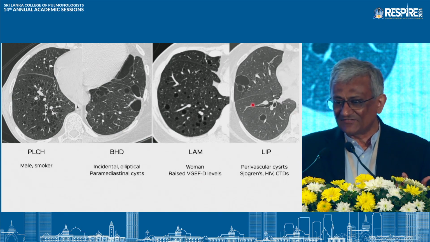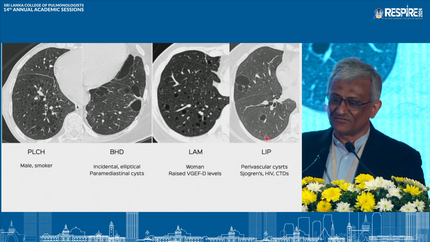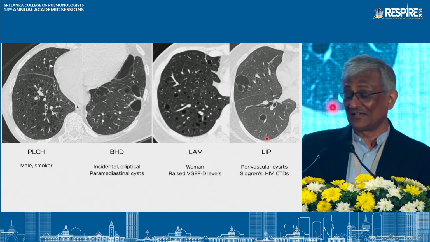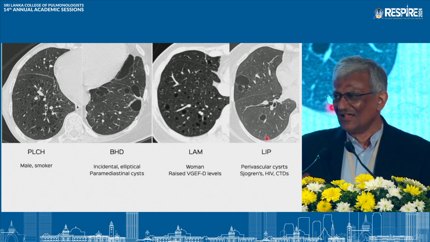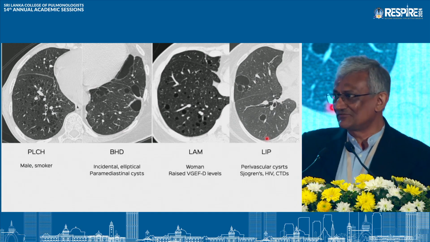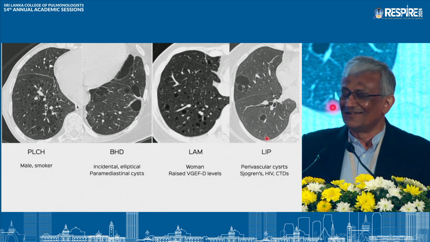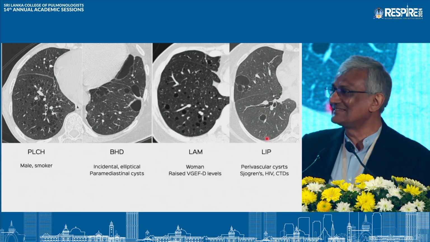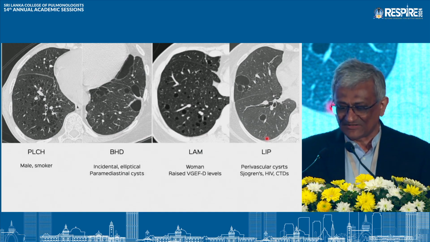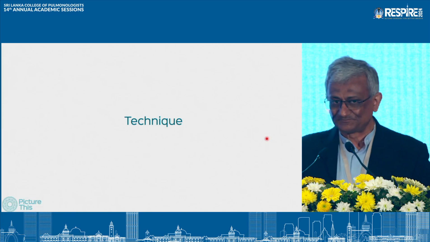And the perivascular cysts we see in patients with Sjogren's, in some HIV-positive patients, other connective tissue diseases, etc. And 2 other conditions in terms of the uncommon cystic lung diseases would be the cystic metastases, typically from angiosarcomas, and the cysts we see with amyloidosis.